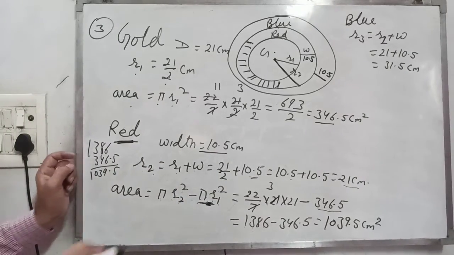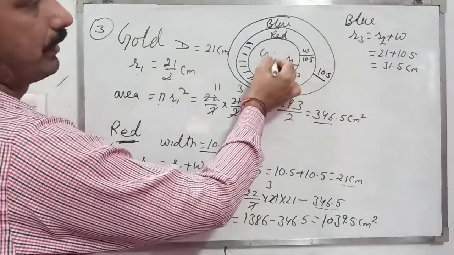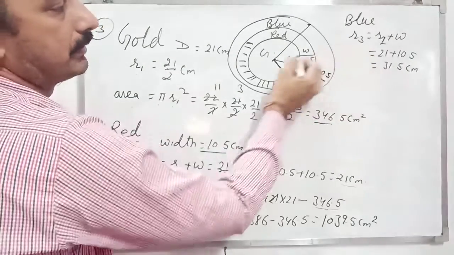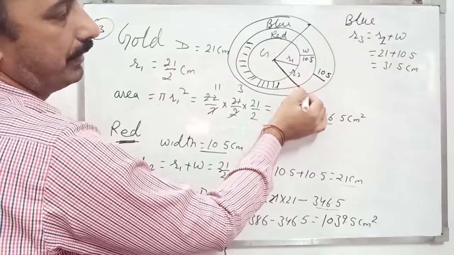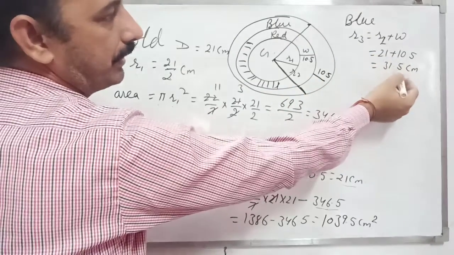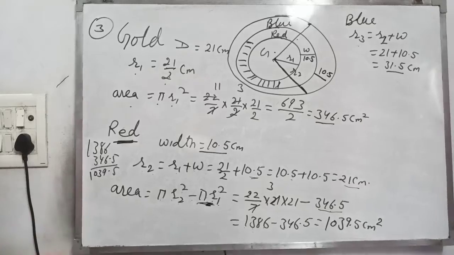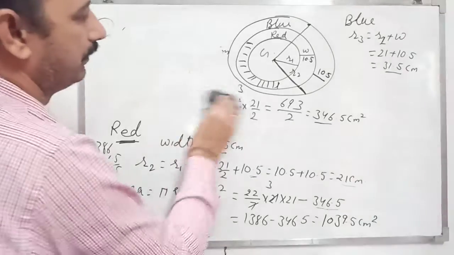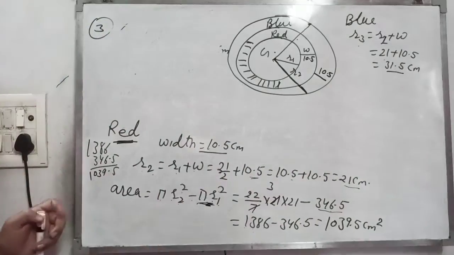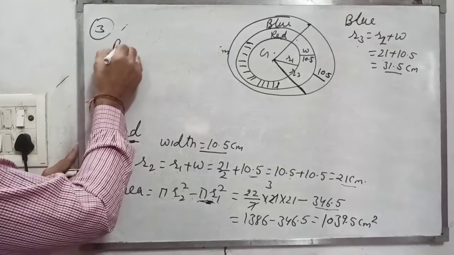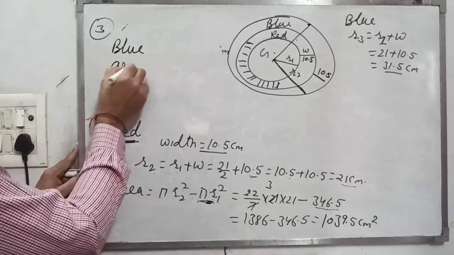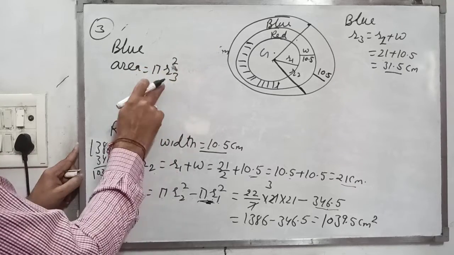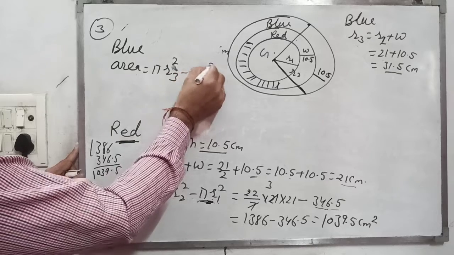Now when we find the area for the blue, the radius R3 is R2 plus width. It becomes 21 plus 10.5, that is 31.5. And to find the area of the blue part, we use pi r3 square minus pi r2 square.